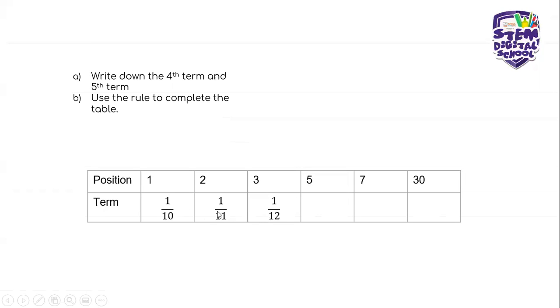So this is term 1, term 2, and term 3. So I want you to find term 4 and term 5. And then please use the rule to complete the table. In other words, you can find a term that corresponds with position 30.